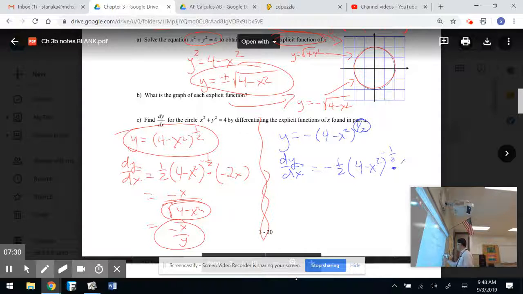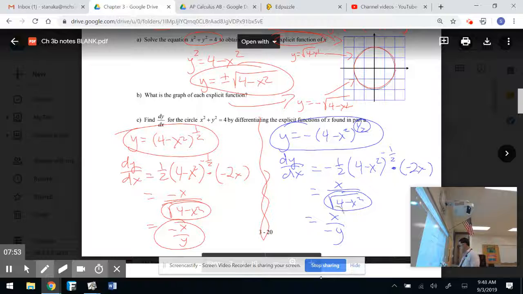Derivative of 4 is 0. Let's rewrite that. Oh, two negatives make a positive. Did I do something wrong? No. We have x over the square root of 4 minus x squared. This in relationship to this would be x over negative y. That is the same as that. What?